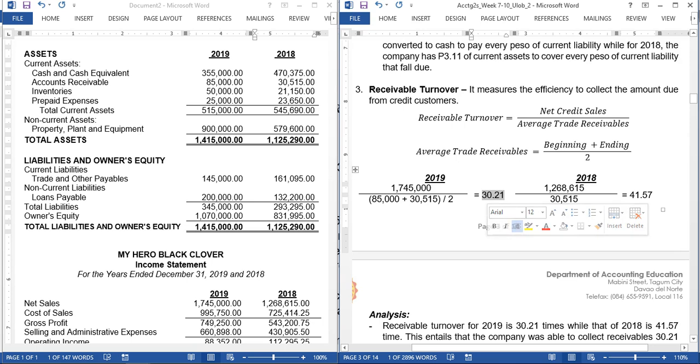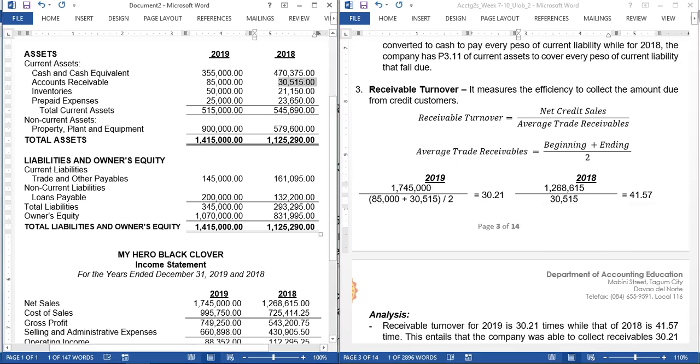The same with 2018, so in this case, wala siya in average ka, wala man siya beginning. So, automatically, 3515, which is the ending na accounts receivable for 2018 is the denominator. So, no need to average na kayo. Wala man siya beginning. Okay? So, divide mo lang, 41.57.